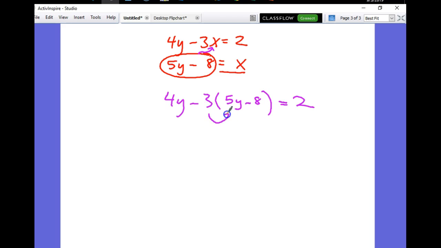But this is a negative 3, right? Yeah. So it's going to be 4y what? Minus 15y, and then make it a positive? Yes.